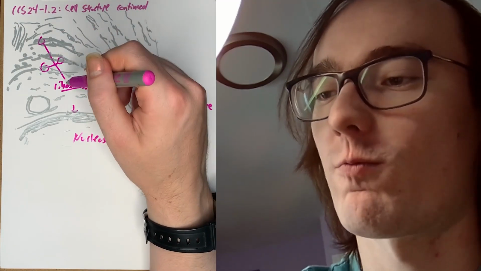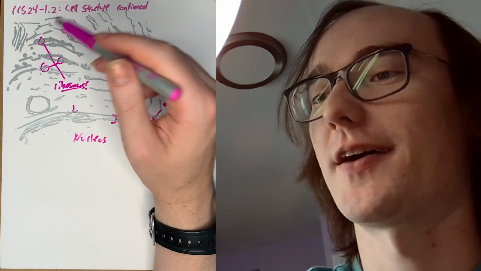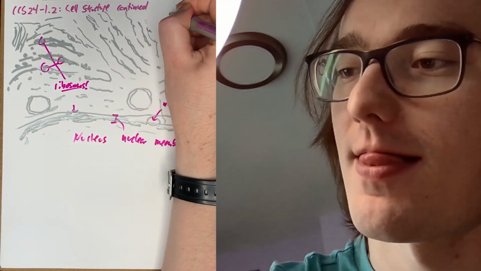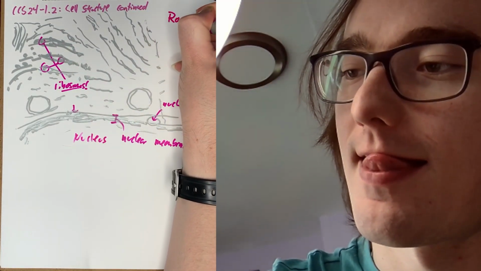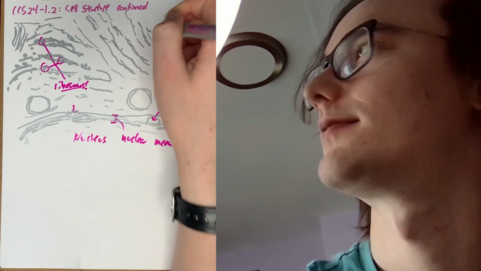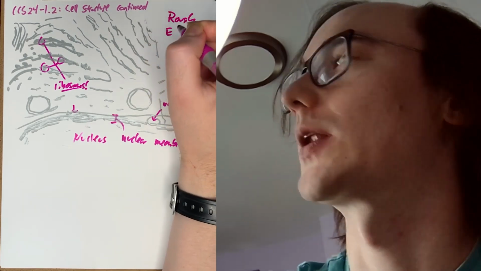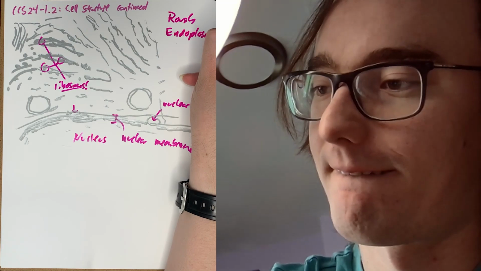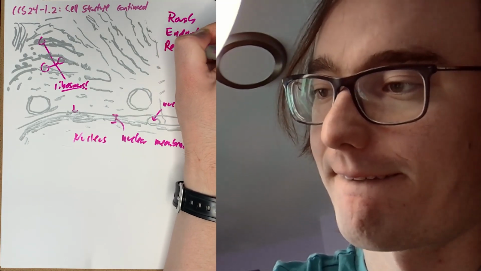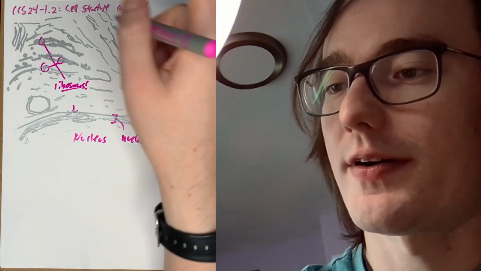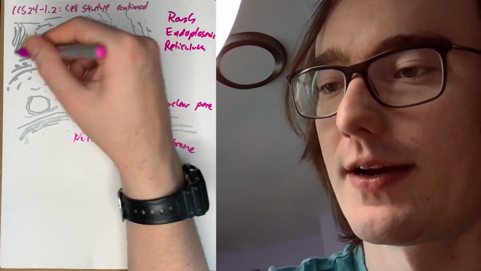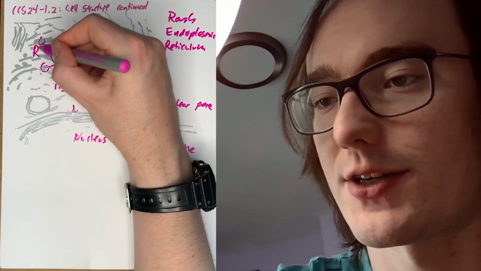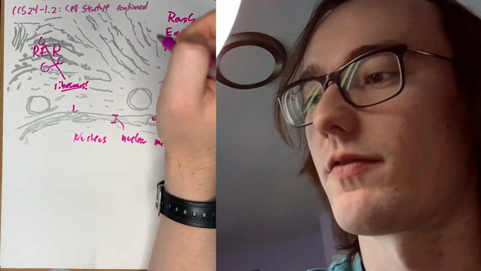Specifically, if it has ribosomes on it, it's called the RER, the rough endoplasmic reticulum. And the RER is therefore really obvious in terms of this section over here. Got lots of RER over here.